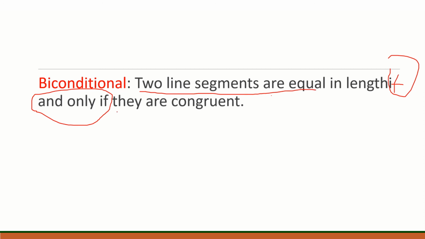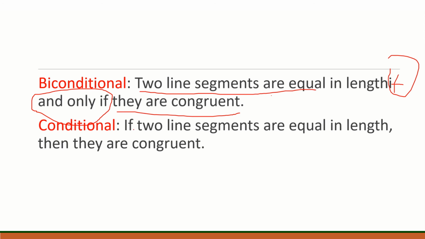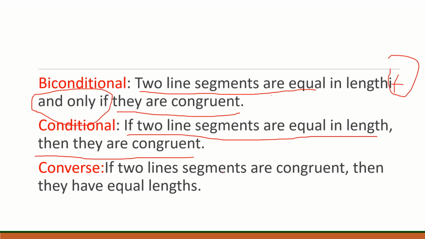Ang ating conclusion, then they are congruent. So, ang ating conditional, if two line segments are equal in length, then they are congruent. Ang ating converse, baliktarin lang, if two line segments are congruent, then they have equal lengths.